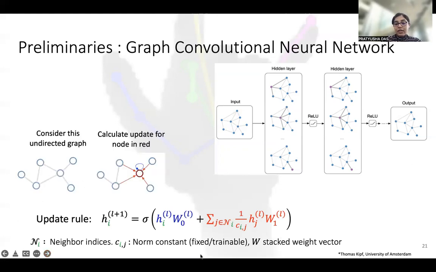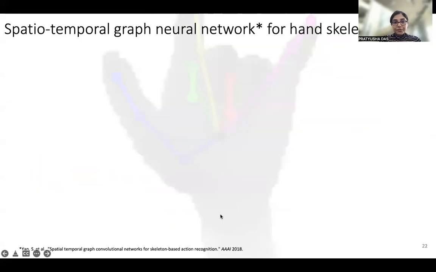We are using many different graph filters in a single layer, and we are using multiple layers of this graph convolutional filter to construct the graph convolutional network.